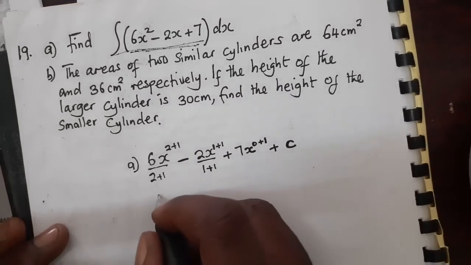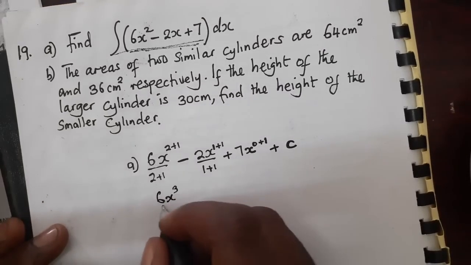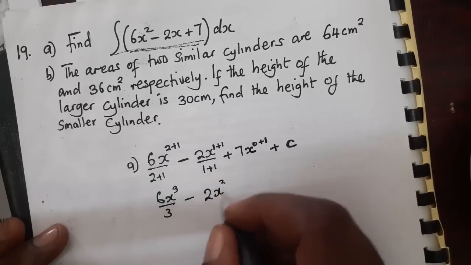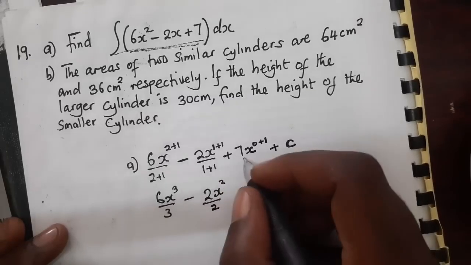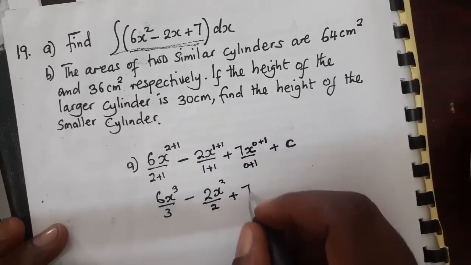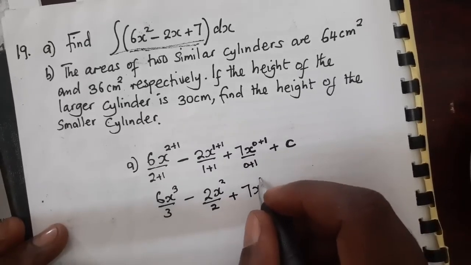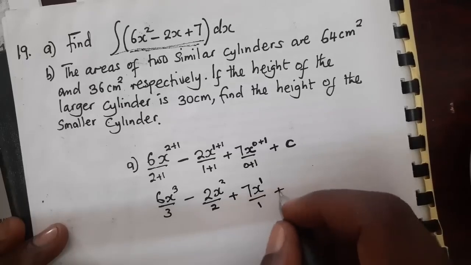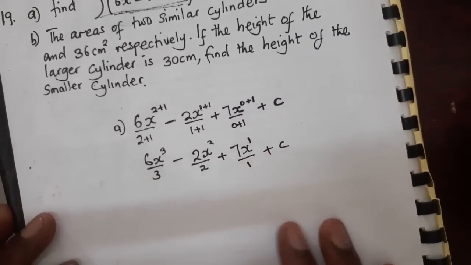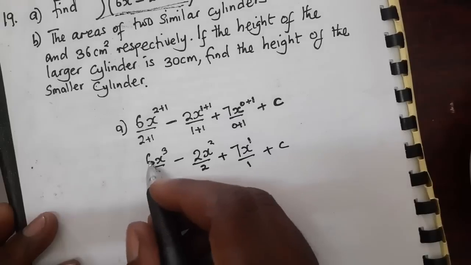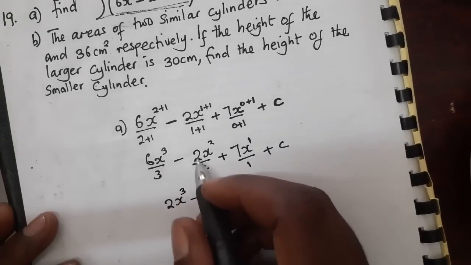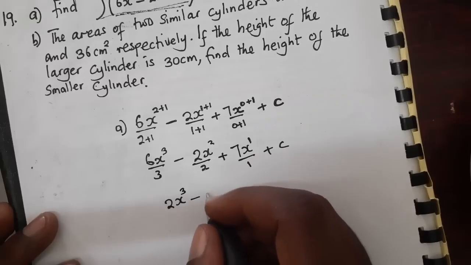So this is going to give us 6x to the power 3 over 3 minus 2x to the power 2 over 2. So here we're supposed to have plus 7 over 1 plus c. So what do we get here? So this is going to give us 3, you divide it into 6, this will give you 2 power 3 minus 2 divided by 2, you get 1.